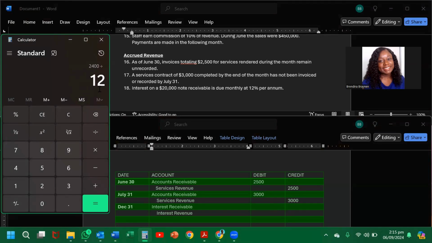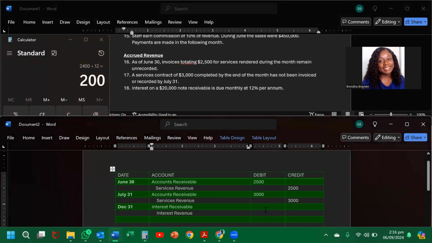So per annum, a year, 12 months, and I'm recording an entry for 1 month. I divide that annual amount by 12, and it gives me $200. That means $200 is recorded as an interest receivable, and $200 should be recorded as interest revenue.